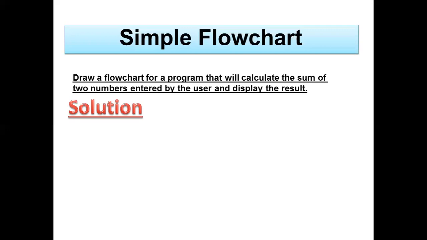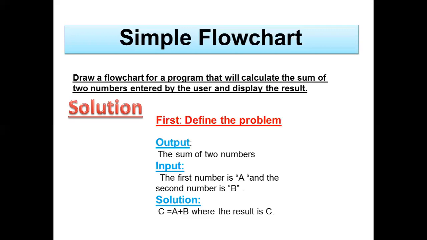What are my outputs here? The output is the sum of two numbers. So I will define the problem now. Output is the sum of two numbers. Actually, I don't know these numbers, so it's a variable.